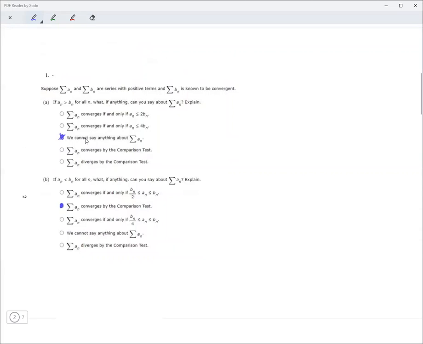Sometimes people make the mistake of saying, oh, well, this is greater than some other series, so therefore I have to diverge, but that's not necessarily the case, because B sub n converges. The terms are greater than a convergent series, so that doesn't mean that it's going to diverge just because it's greater than.